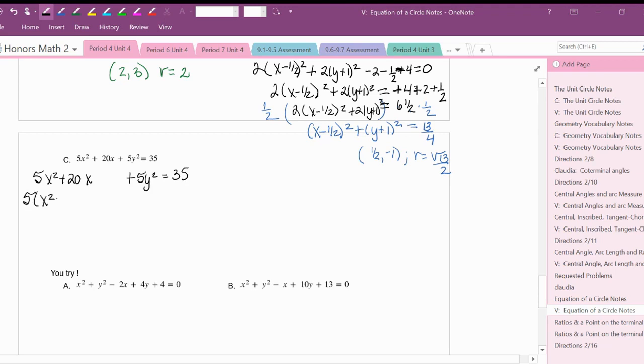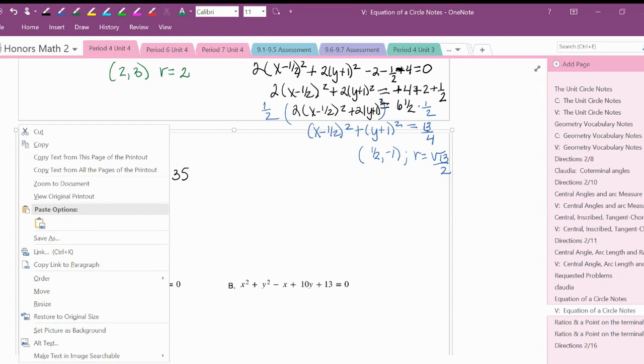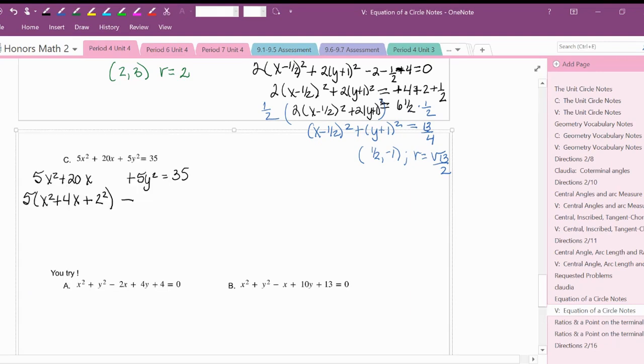Factor out the 5 to get x squared plus 4x. Take half of 4, which is 2, and square it. But that's really a 4 times a 5, or a 20, so I have to take away 20, or you could think about adding 20 to the other side. 35 plus 20.